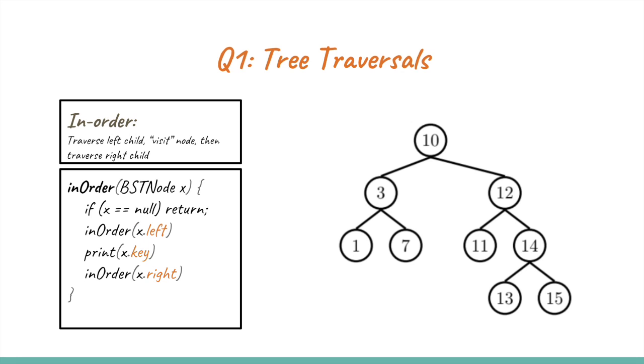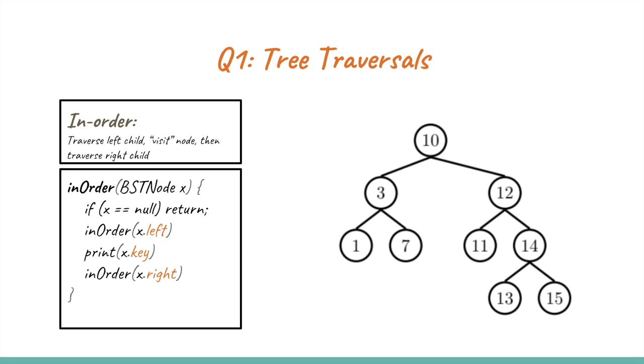Now let's look at the in-order traversal, which traverses the left child, visits the original node, and then traverses the right child. So once again, beginning with our root, node 10, we recurse on its left child, and the left child of its left child, and so on, until we hit a leaf.